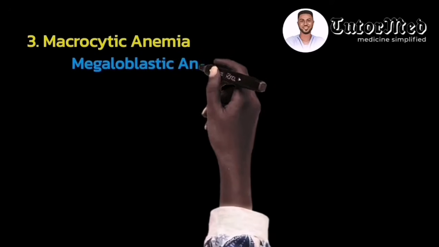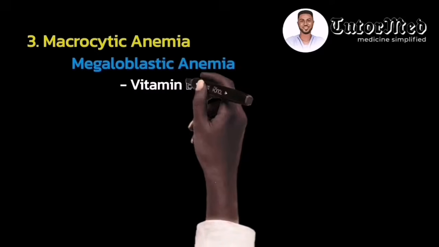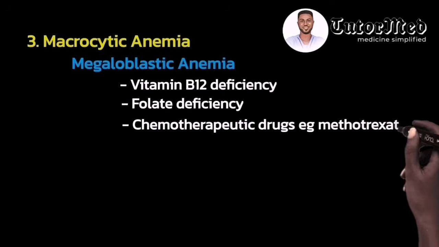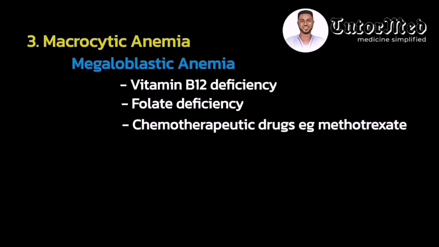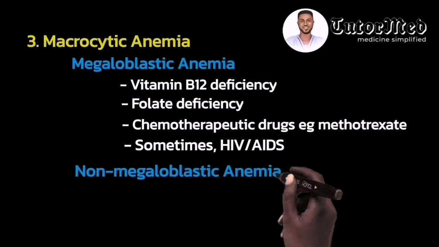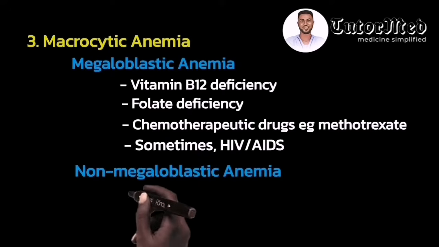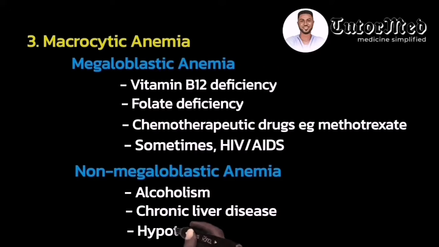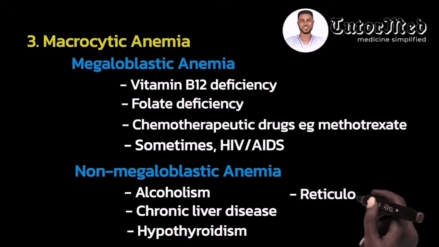The causes of megaloblastic anemia include vitamin B12 deficiency, folic acid deficiency, use of chemotherapeutic drugs like methotrexate, and sometimes HIV and AIDS. These anemias are characterized by megaloblasts, which are found in the bone marrow. Then we have non-megaloblastic anemia. Causes include alcoholism, chronic liver disease, hypothyroidism, reticulocytosis, to mention a few.